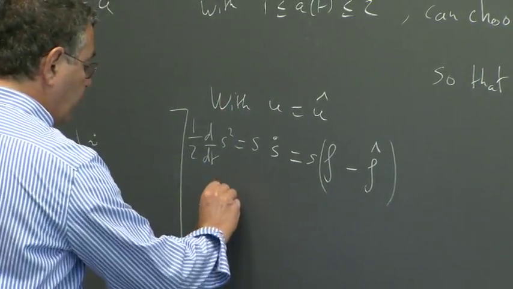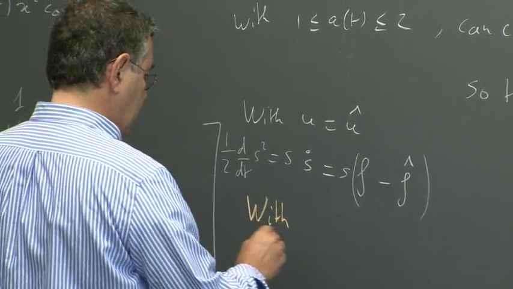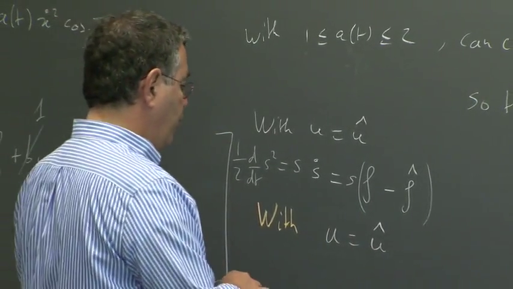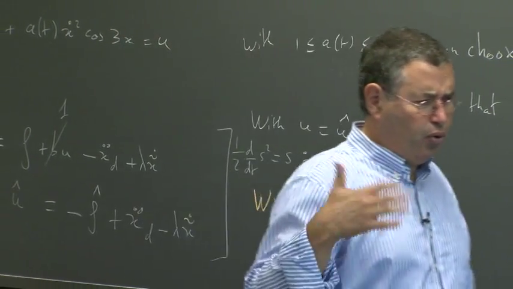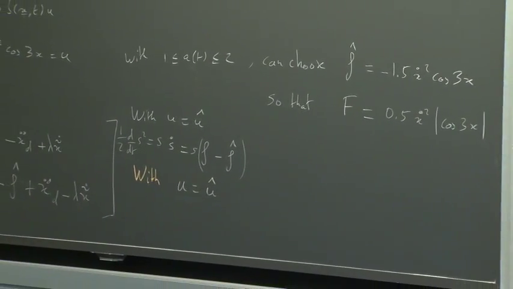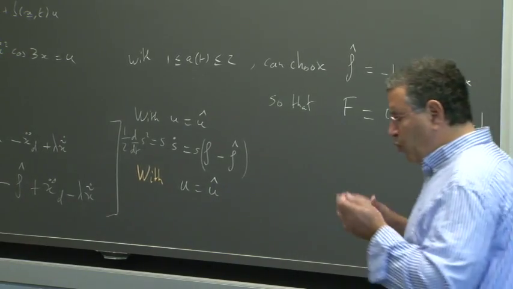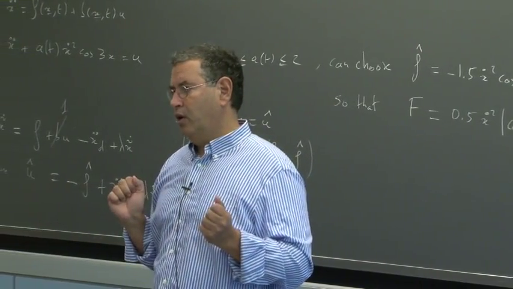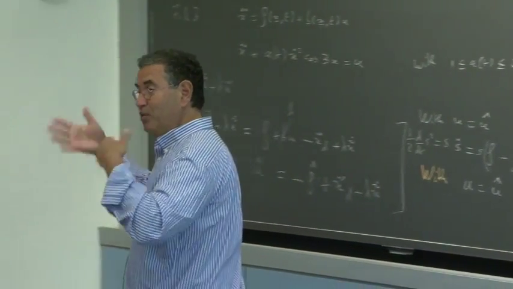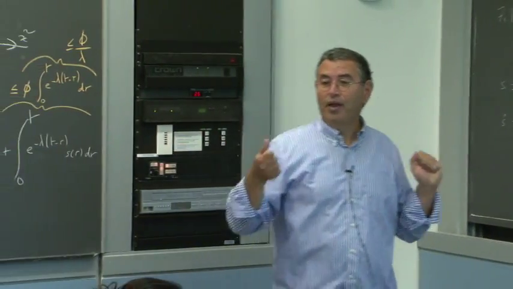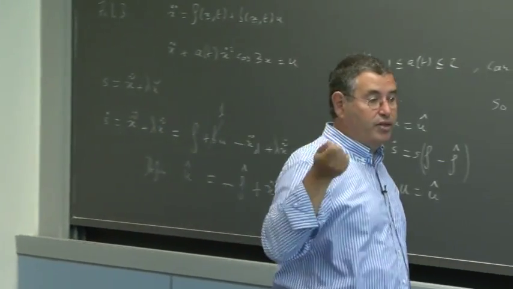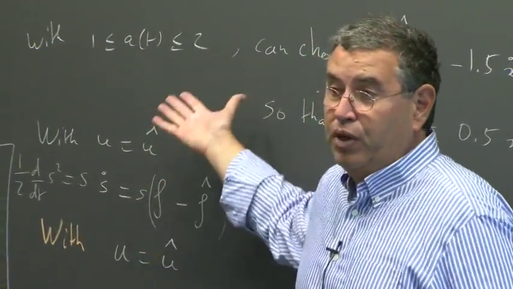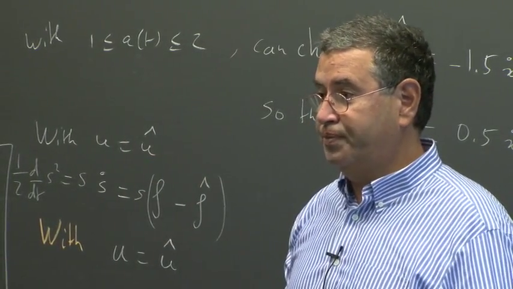So let's add something to u. So u equals u hat, and we're going to add a term to u. The principle is in a sense similar to things we've already seen. We're going to put a term which is of the right sign, which pushes in the right direction. And remember, we're dealing with first order systems, so we can really play with this, pushing in the right direction. We're going to add a term which is of the correct sign and big enough to overpower this term, which may not be of the correct sign, which in general has a random sign.